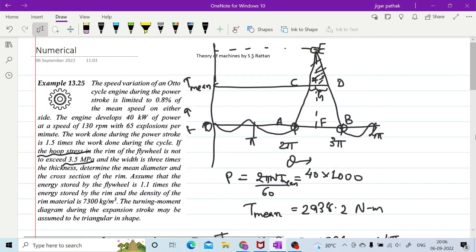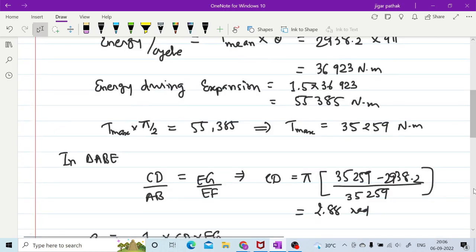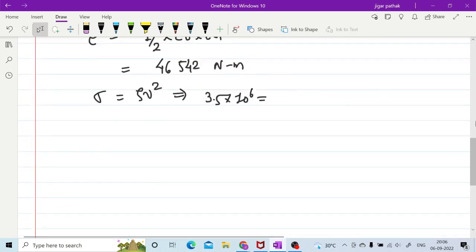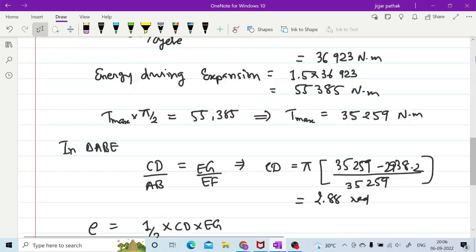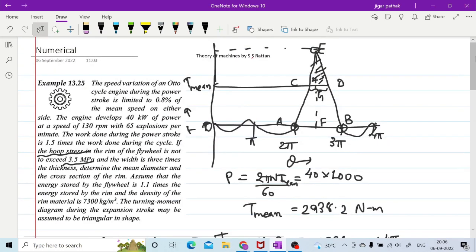Rho is 7300, right? 7300, that is for rim material.